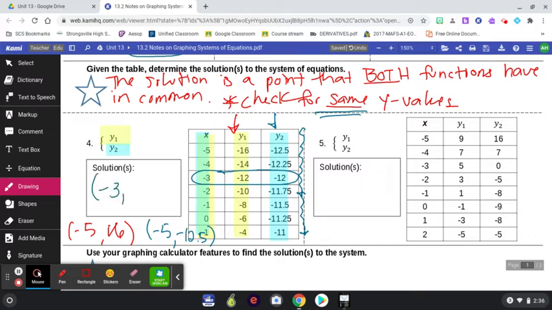And what that means is that -3, -12 is a point on both graphs. If it's a common point on both graphs, they intersect at that point, and that point would be my solution. Your job would be to do problem 5.